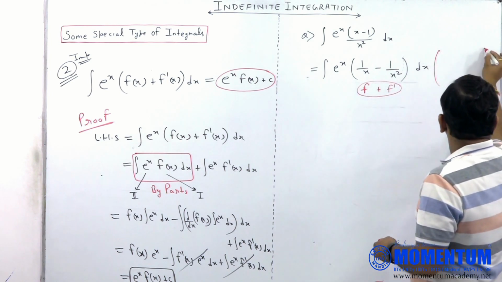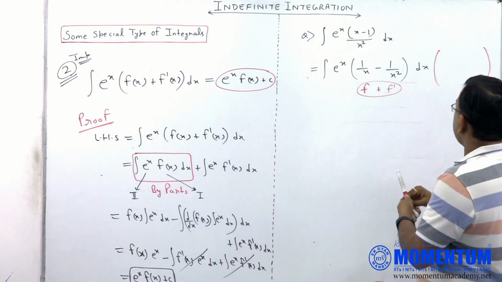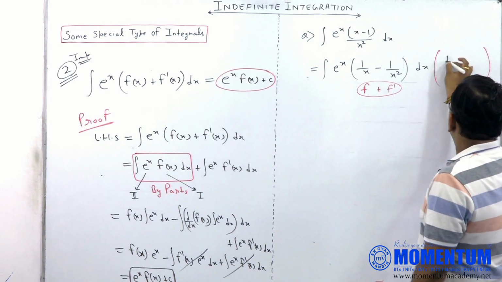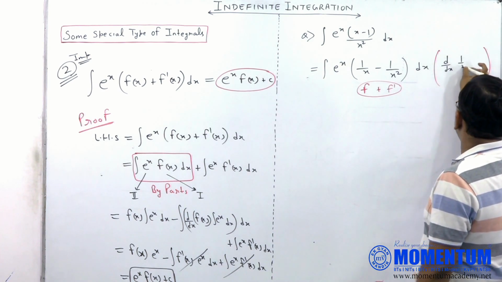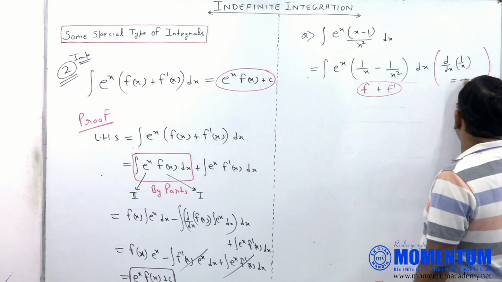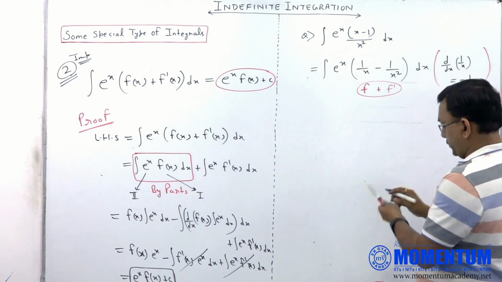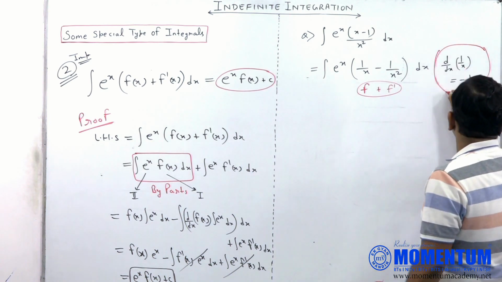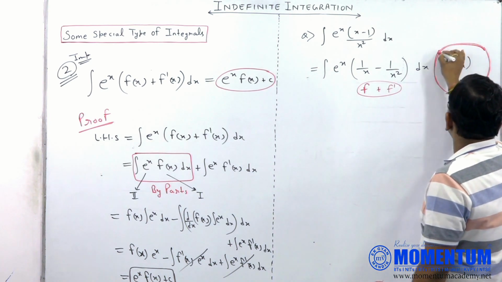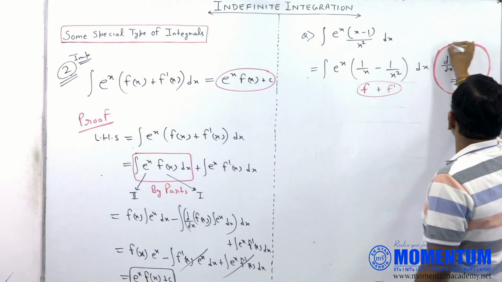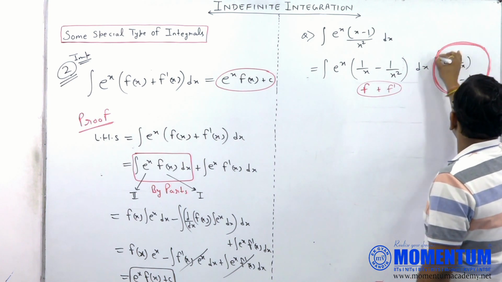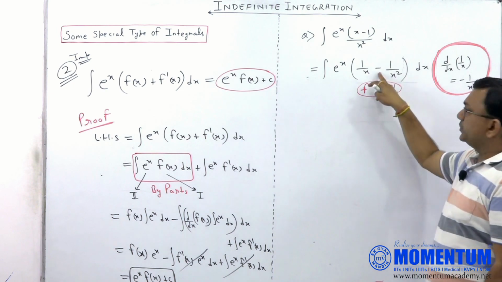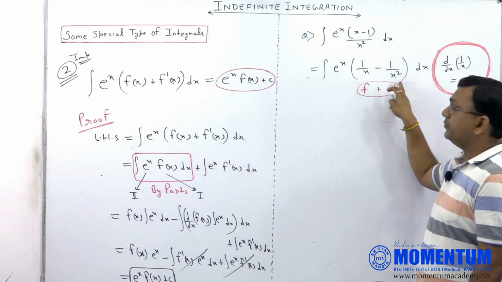I am writing this here: dy by dx of 1 by x, what is it? Minus 1 by x square. So we can club this minus sign in the name of derivative.